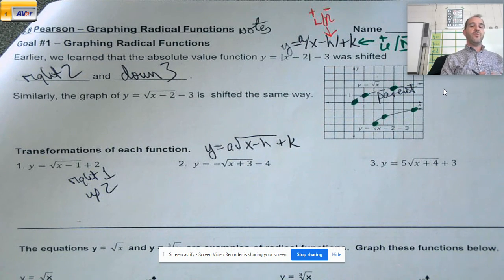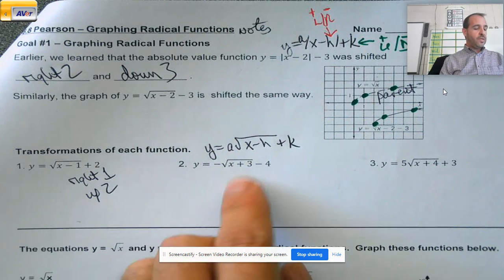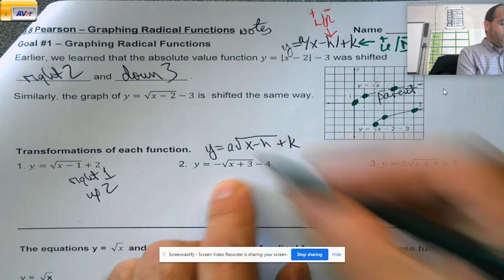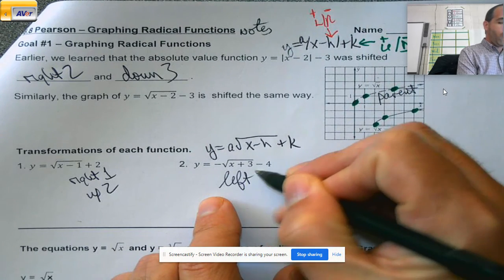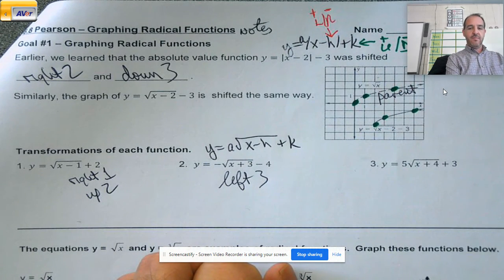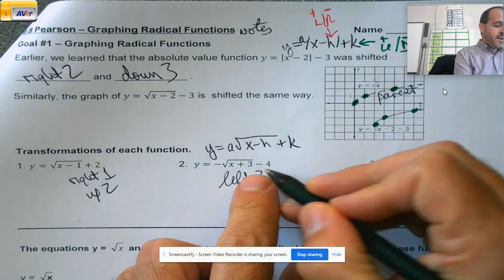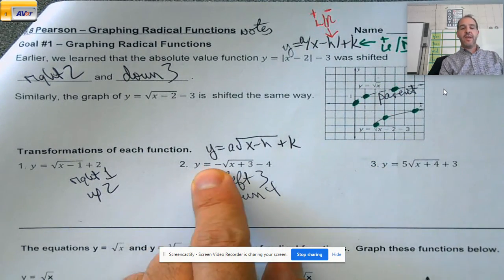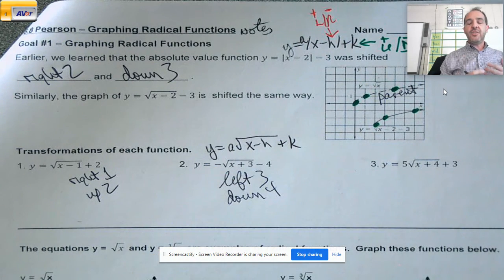So like, for instance, when I get to number 2, I notice my regular shifts, opposite of what I would think here. So left 3, always left and right inside. Minus 4 is down. But this time I have one more transformation. I have that negative on the outside. Now I can't just say stretch 1, okay? Why?